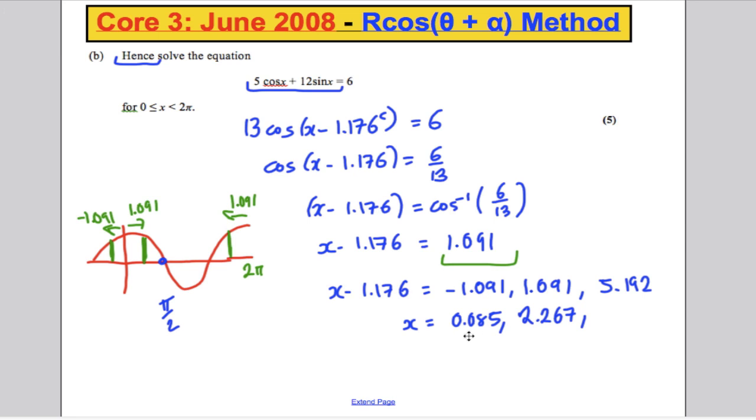So our answers would be this one here and this one here to 3 decimal places.